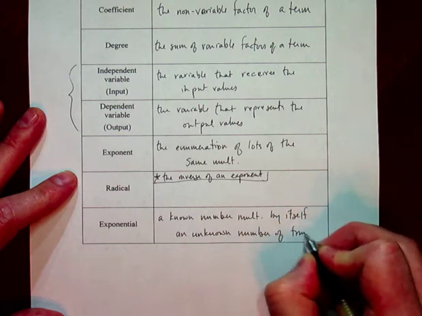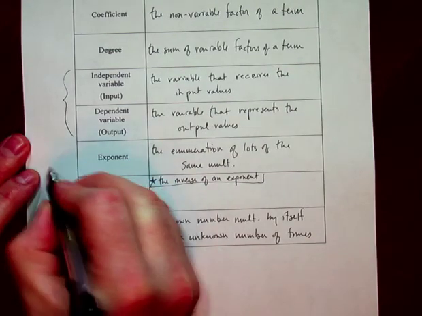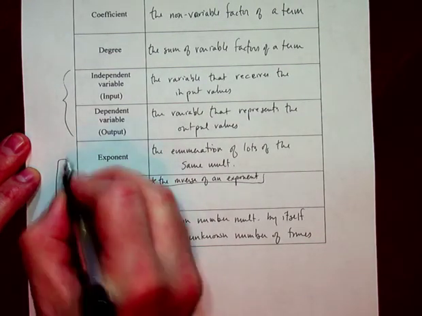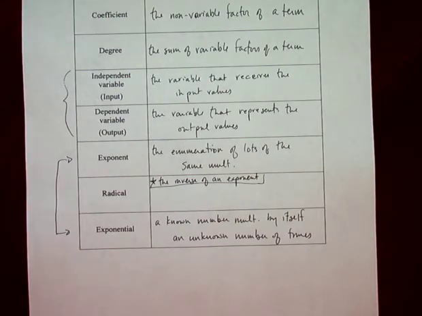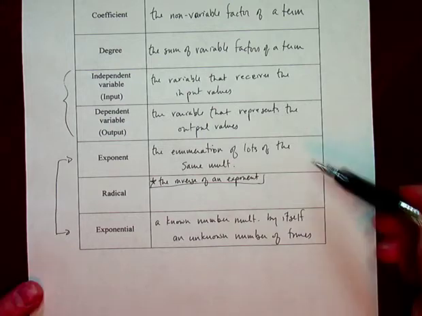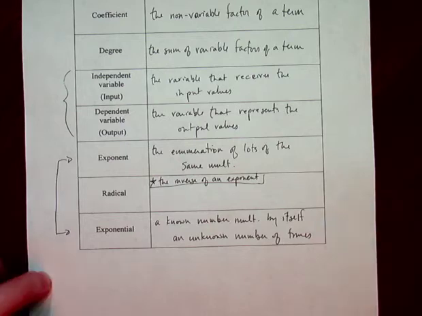And some of these definitions that I'm putting on here are not so much that I want you to be able to explicitly do it, but I'm really interested in you remembering the distinction between those. So an exponent is an unknown number multiplied by itself a known number of times, and this is a known number multiplied by itself an unknown number of times. So basically you've swapped the known and the unknown, right?